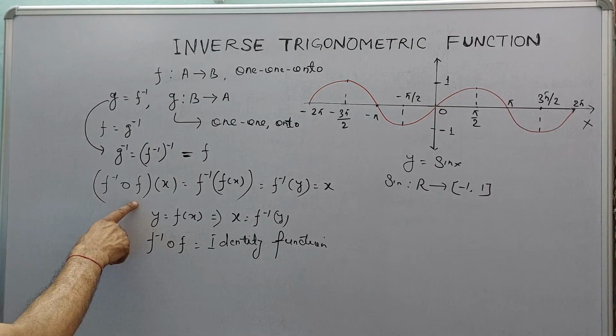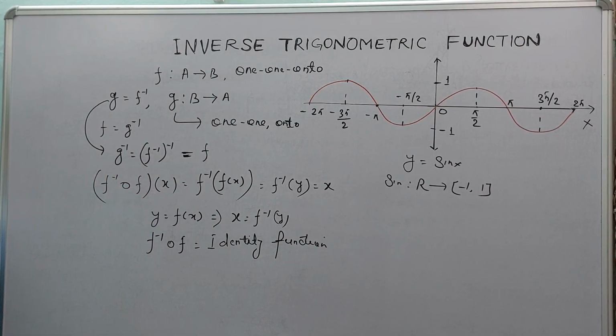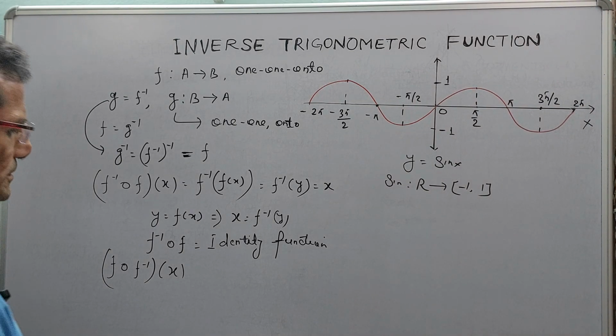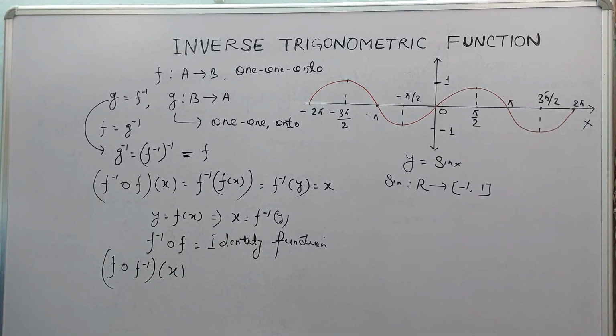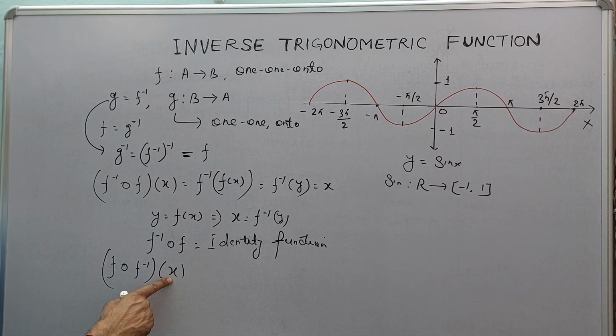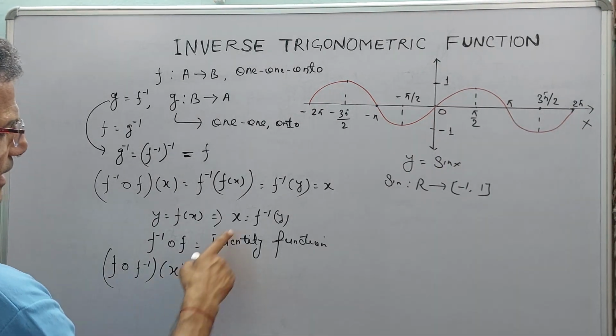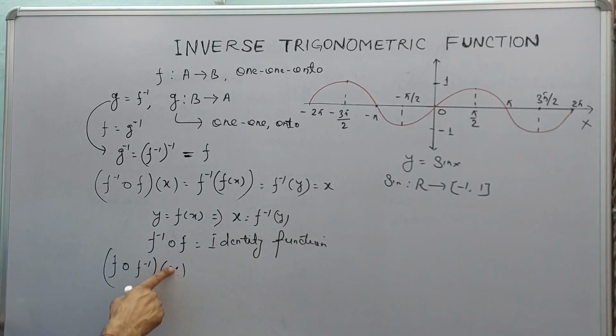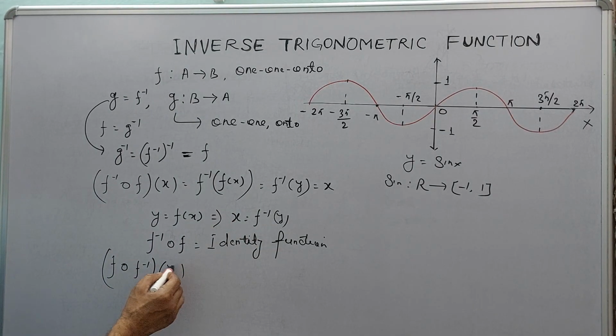Similarly, if I write F first and then F inverse, what comes out? The composition of F with F inverse. We have x is equal to F inverse of y, which should be written as y.